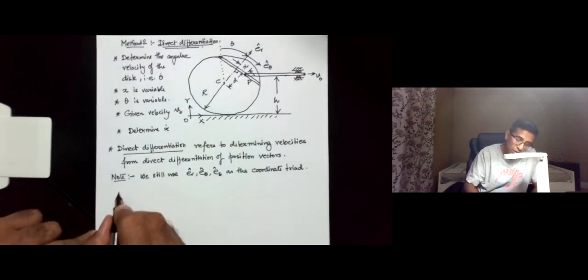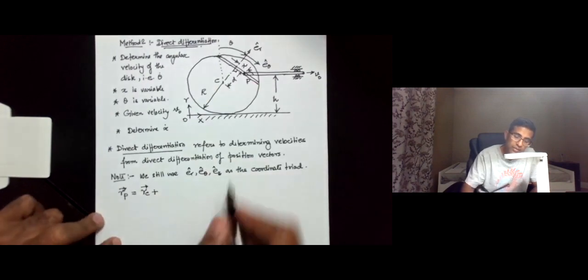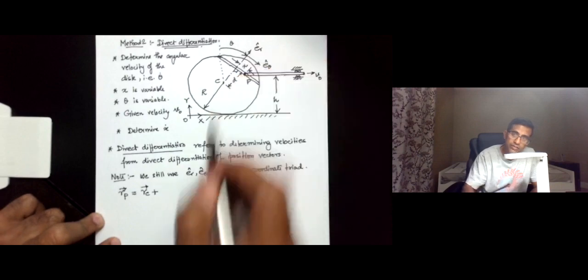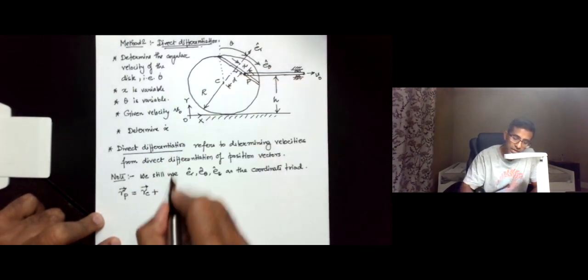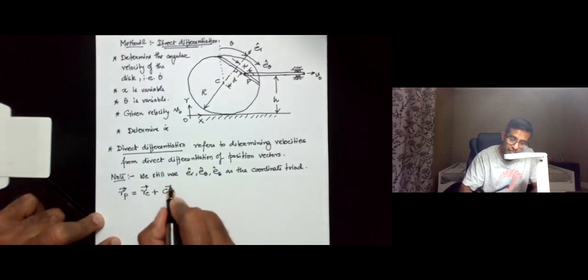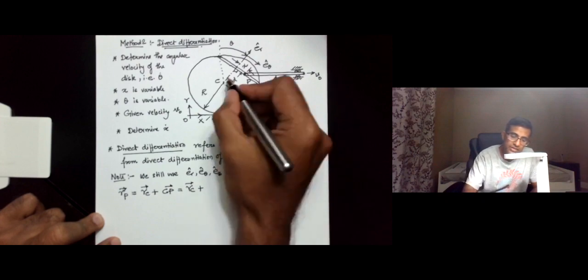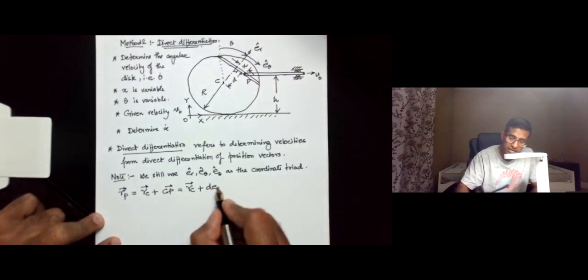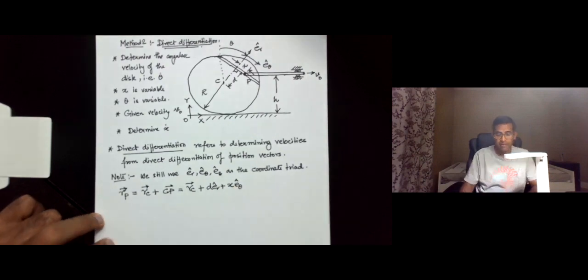So we can say that Rp, that is the position of P, is equal to the position of C, Rc, plus, if you use this unit vector ER and E theta, then CP can be expressed as d times ER plus x times E theta, right?